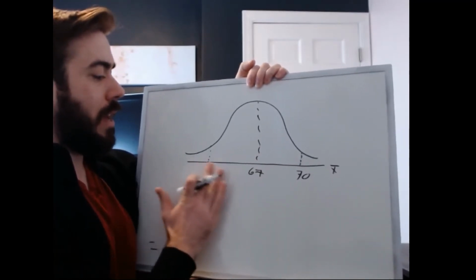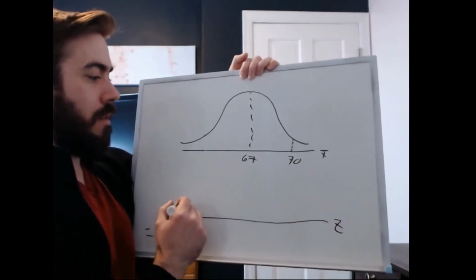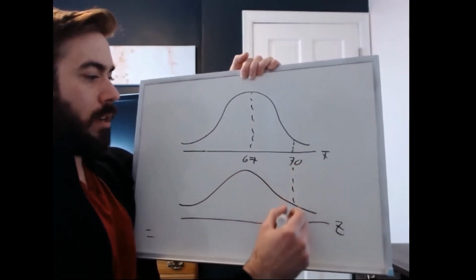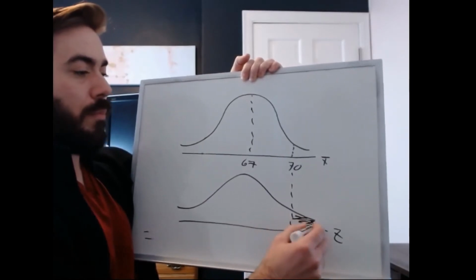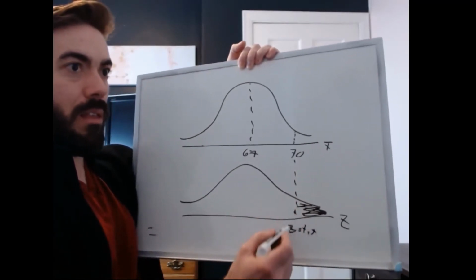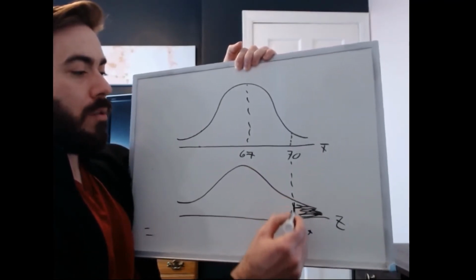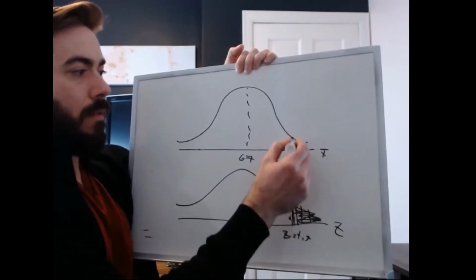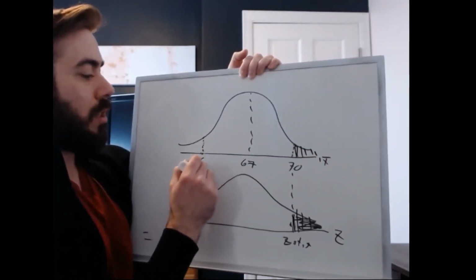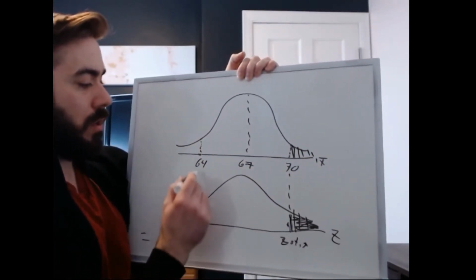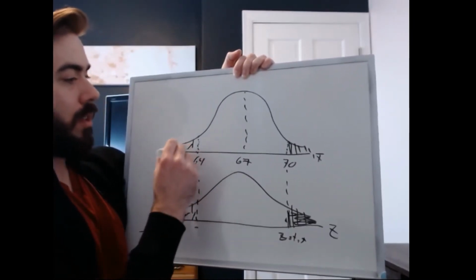So let's say that I only saw 70. Well, I could turn this into my Z statistic. I could find the area to the right, or the probability I saw something that many standard deviations away or above. But for every value I saw here, it was equally as likely I saw something that many standard deviations below the mean, or further away in this direction.